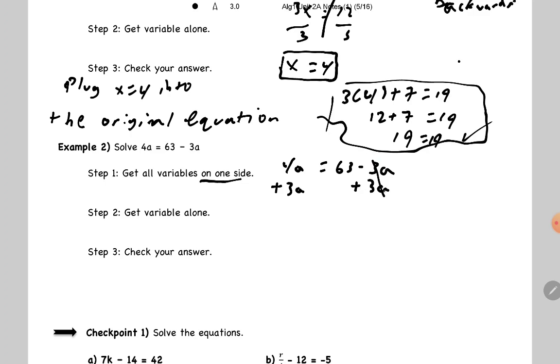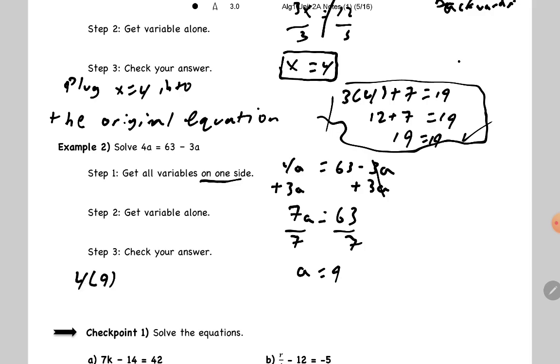Negative 3 apples plus 3 apples is 0. 4 apples plus 3 apples is 7 apples. Now it's become a one-step equation. The opposite operation is divide by 7, divide by 7. So a equals 9.